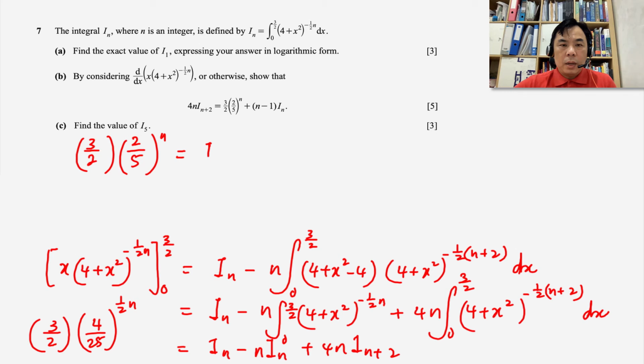And then I_n, of course. This one can be factorized as, well, if you want, you can factorize it as this. You can purposely change the format so they look like this. This is n minus 1. You can see that it's basically n minus 1 I_n plus 4 I_n plus 2.